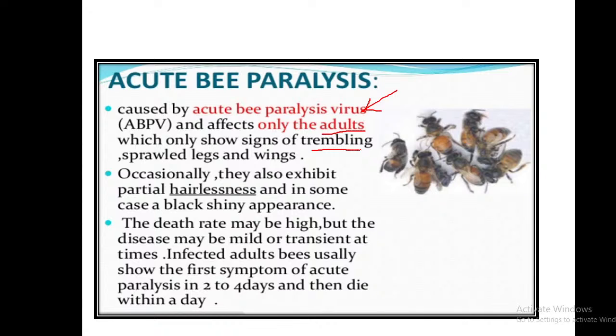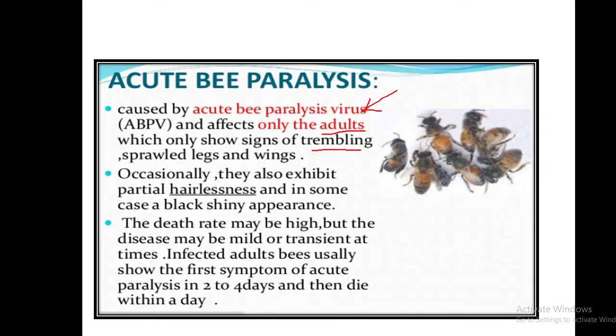They will be lying on the floor or on the sides of the bee hive with the trembling legs and wings. And occasionally they will exhibit some hairlessness condition. ചിലതിൻ്റെ പുറത്തുള്ള ചെറിയ bristles ഒക്കെ പൊഴിഞ്ഞു പോകാറുണ്ട്. And in some cases a black shiny appearance is also seen.